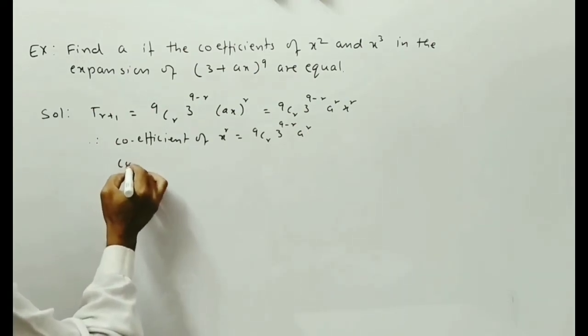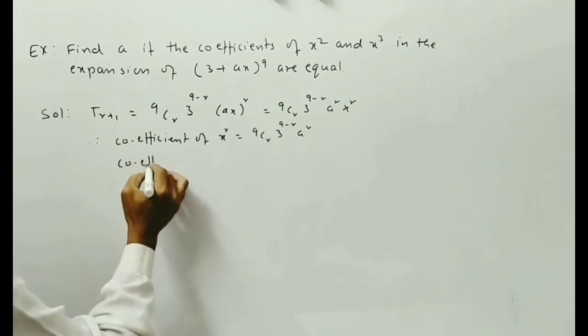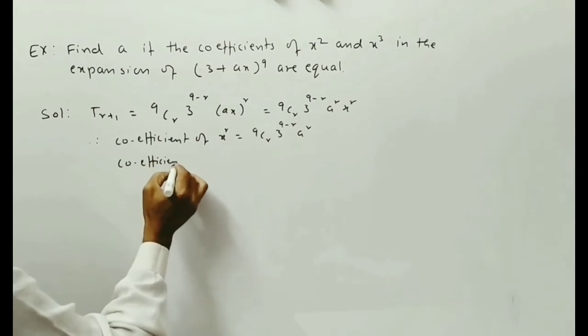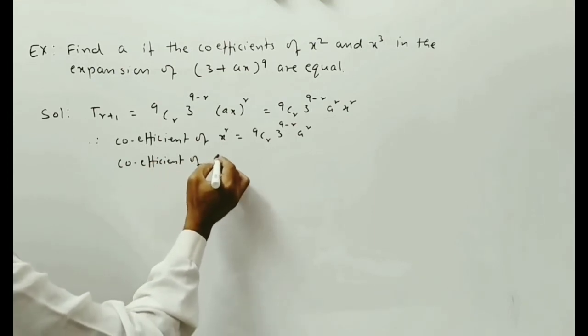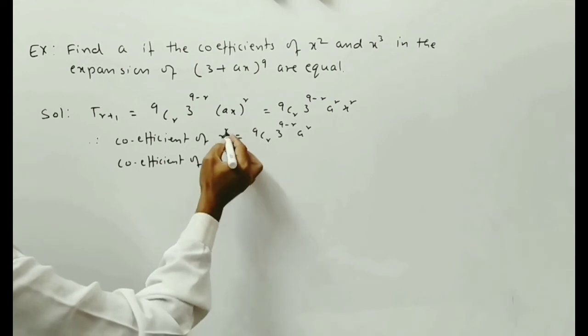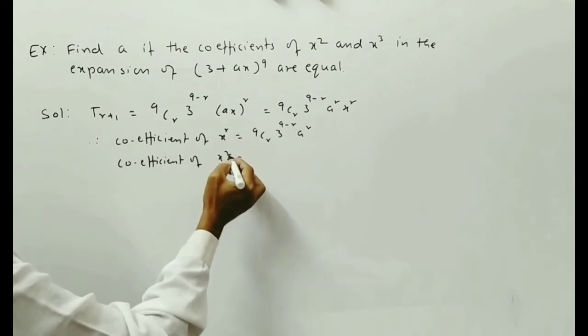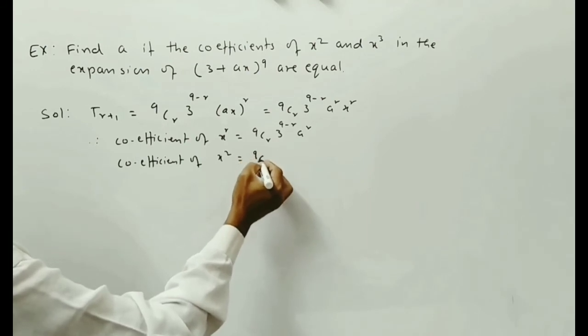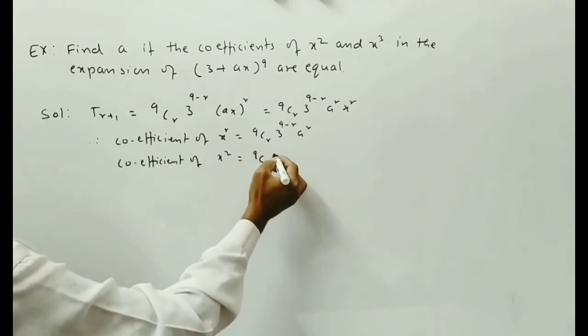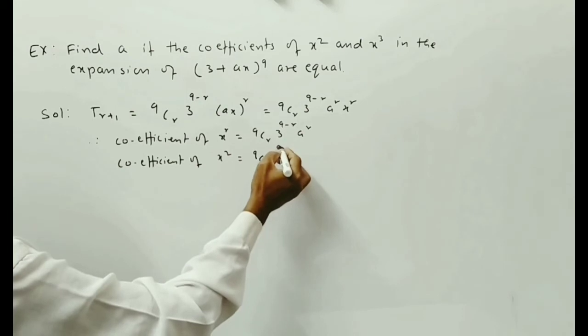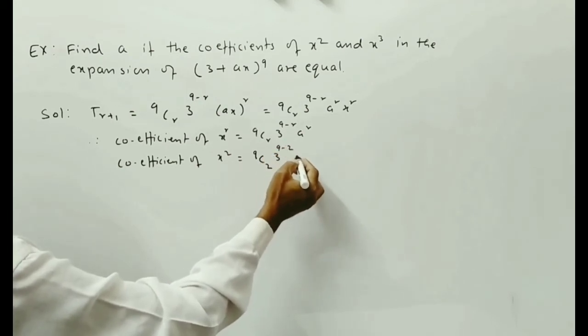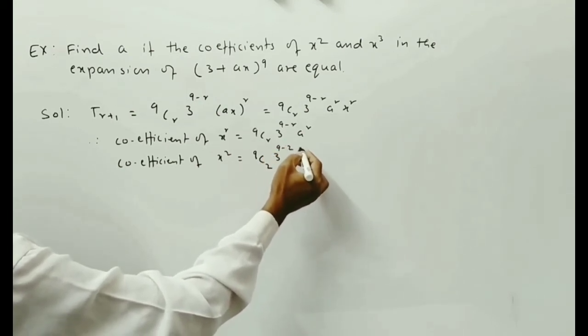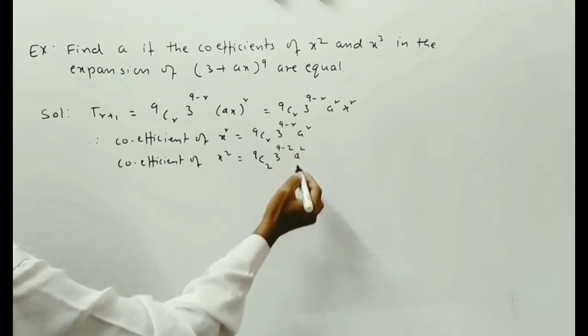So, the coefficient of x square, when r is equal to 2, is equal to 9C2 into 3 raised to the power 9 minus 2 into a square.